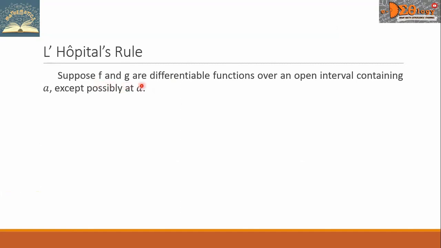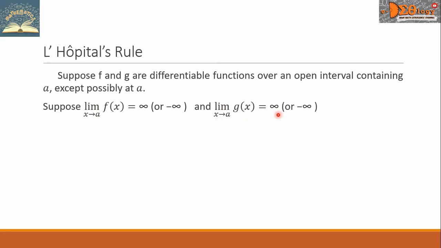Suppose f and g are differentiable functions over an open interval containing a, except possibly at a. Suppose the limit of f of x as x approaches a equals positive infinity or negative infinity, and the limit of g of x as x approaches a equals positive infinity or negative infinity.